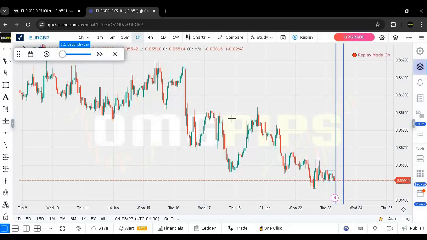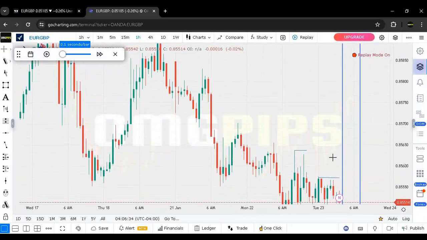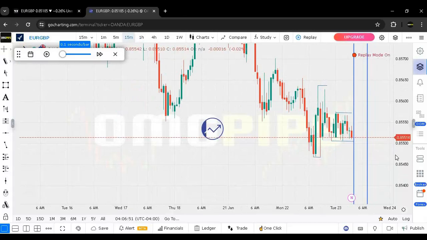All right, so on the 1 hour there isn't much information, but we can see price has been bearish. So what is most likely to happen is that we're going to continue seeing bearish sentiment.